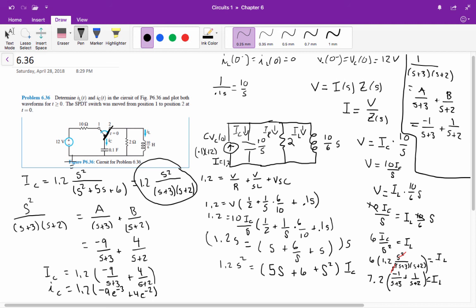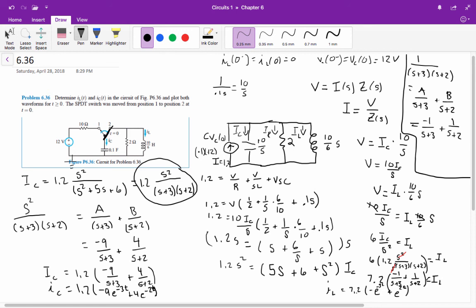So that's just going to be IL equals 7.2 times negative e to the negative 3t. Oh my goodness, look, I left the t's out. T, e to the negative 3t plus e to the negative 2t.